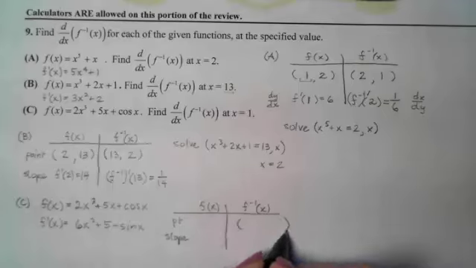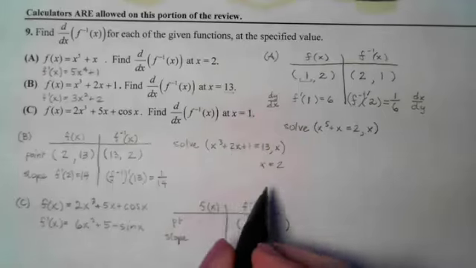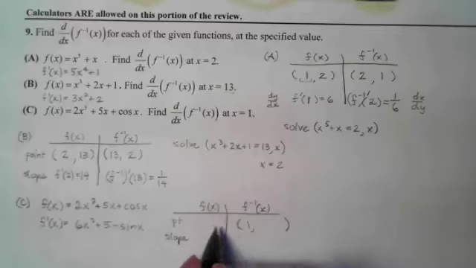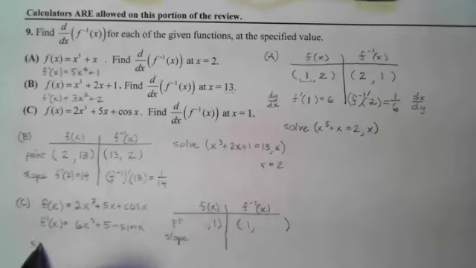The point information that we were given is that the inverse has an x-coordinate of 1. That means the original will have a y-coordinate of 1. So I will be solving for when the original function equals 1.